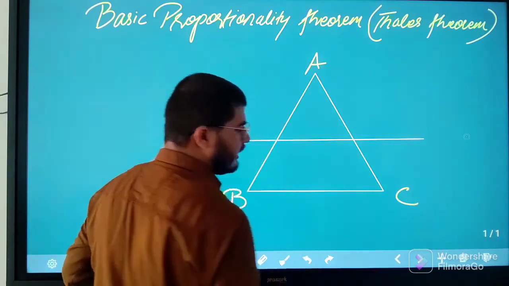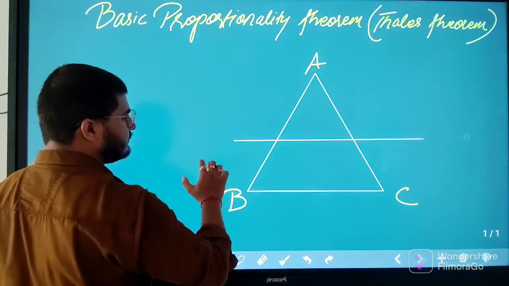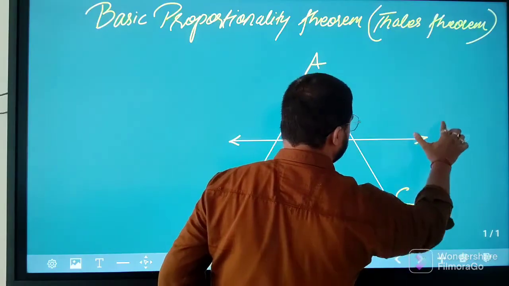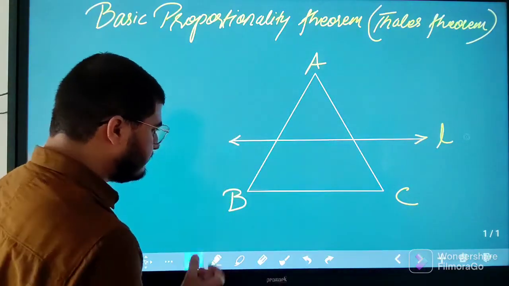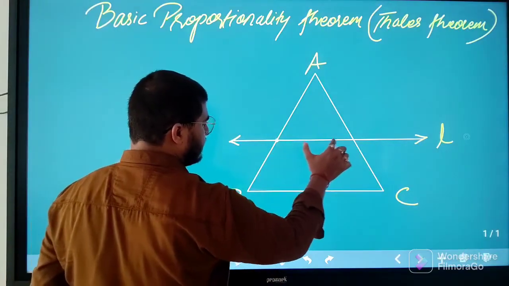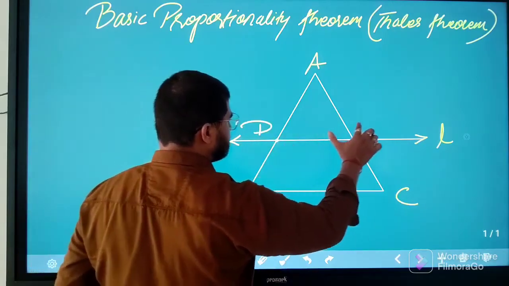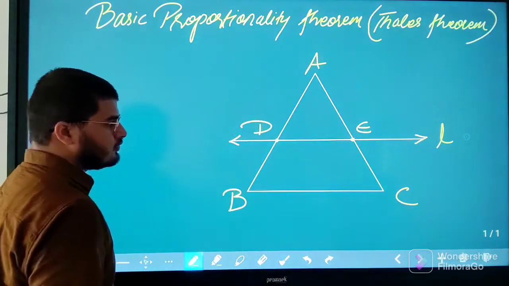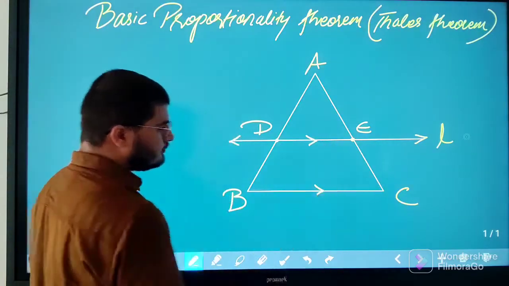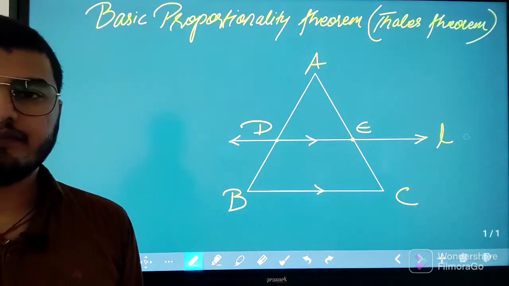So there is a triangle ABC and there is a line, let us say line L, which is parallel to BC. So it is intersecting the triangle at two distinct points. Let us name these points as D and E. So we can say that the DE part of the line is parallel to BC. DE portion is parallel to BC.